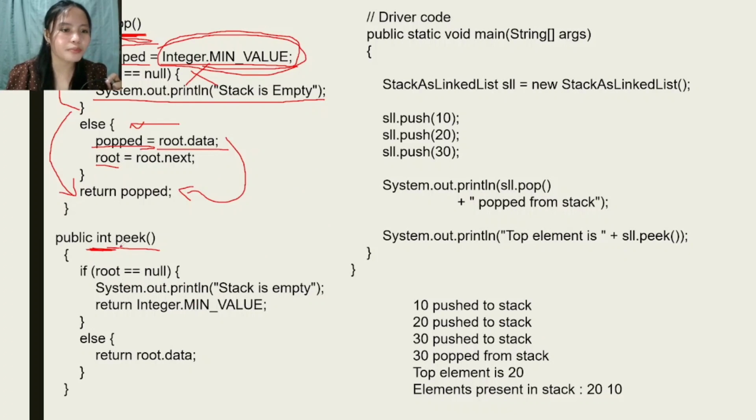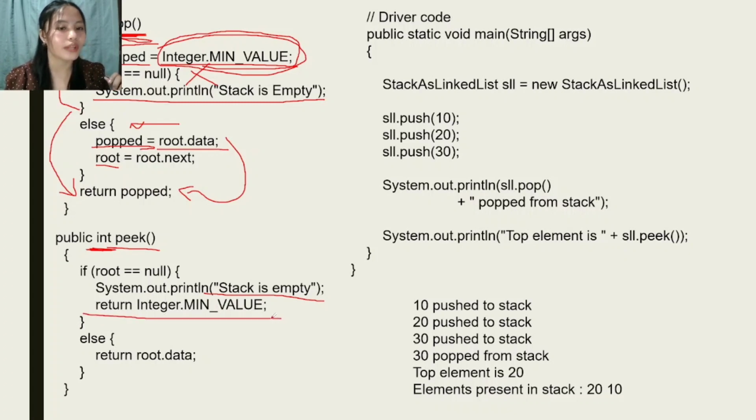In our peek method, we will check first if the root is empty. Of course, we have to check every time if the root is empty, or if the stack is empty. If the root is equal to null, we will print stack is empty, and then it will return Integer.MIN_VALUE.